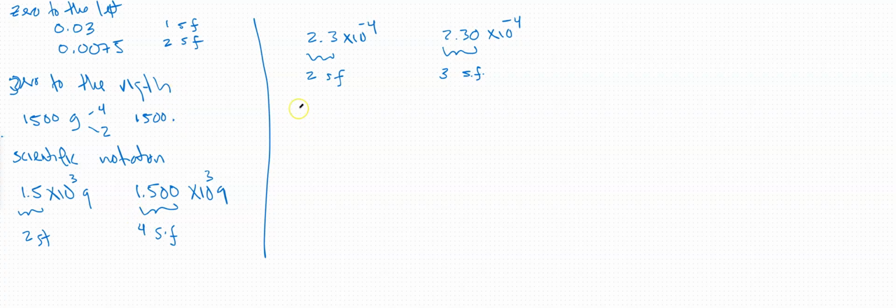Now, when you have to perform mathematical operations respecting the significant figures, if you multiply, there's a multiplication or a division, the number of significant figures in the final answer is the same as the number of significant figures in the quantity having the smallest number of significant figures.